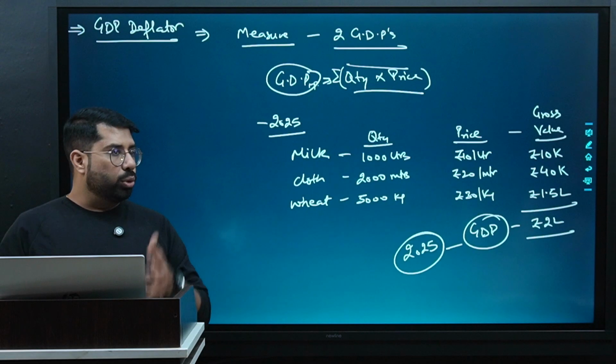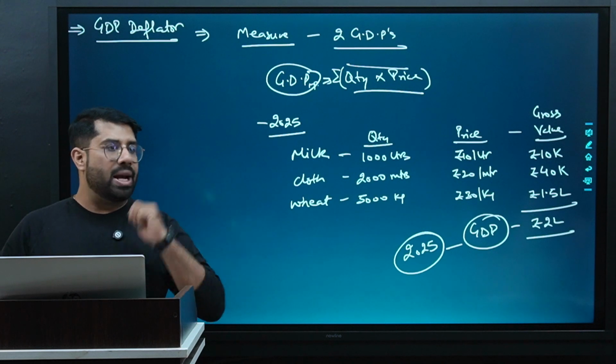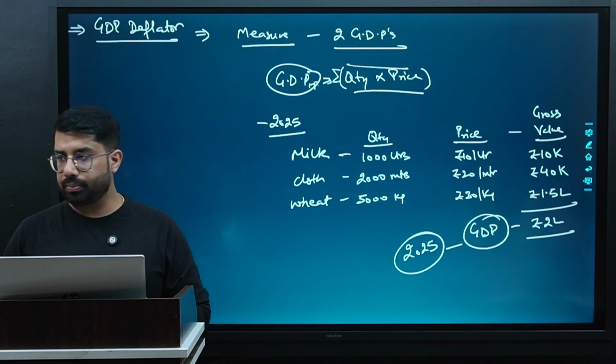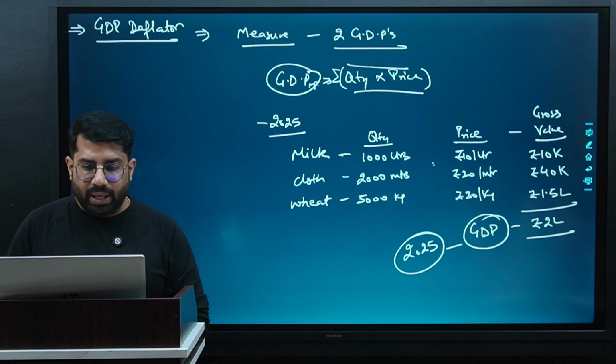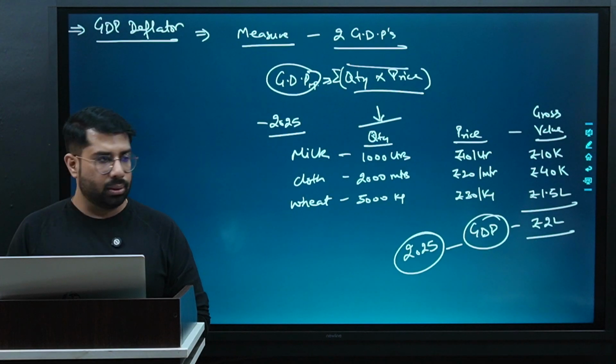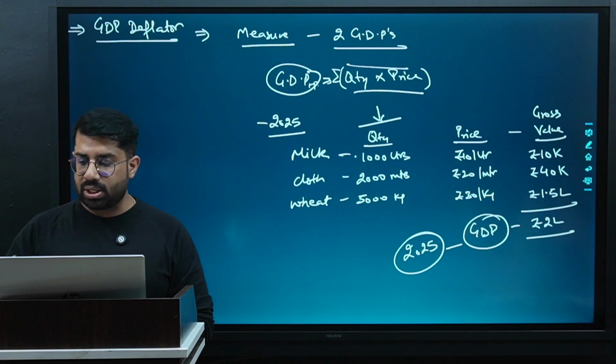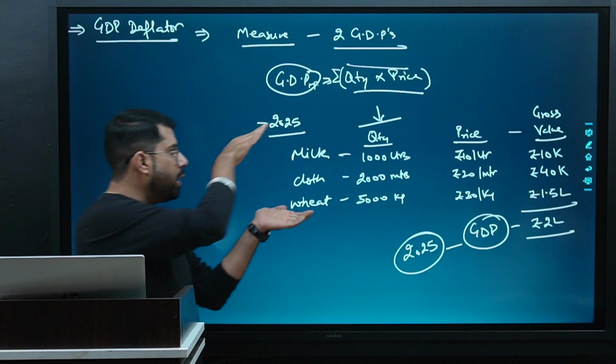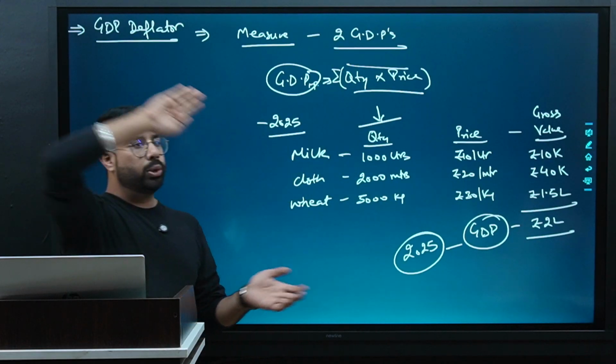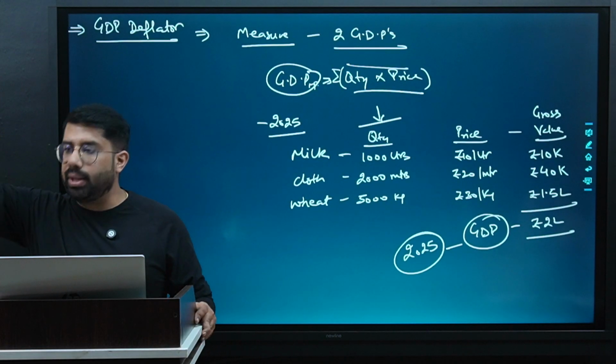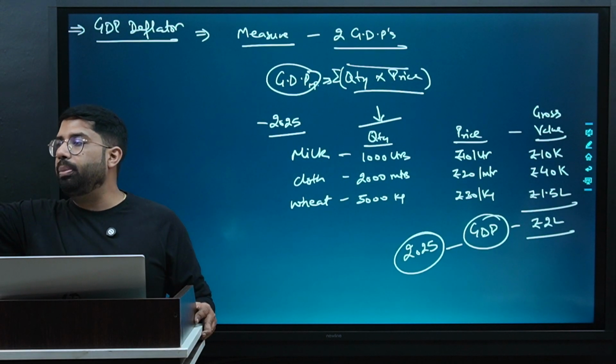Guys, if you have to check that what is the change in the price level, how will you do it? You will take this same quantity and you will see if this same quantity of these goods would have been produced in 2020, what would be the GDP at that time?